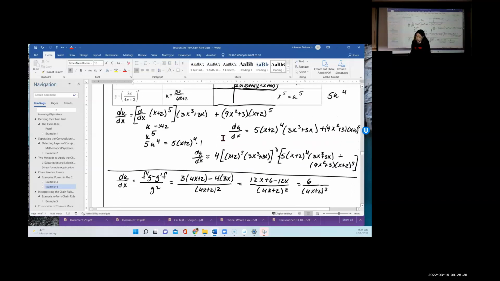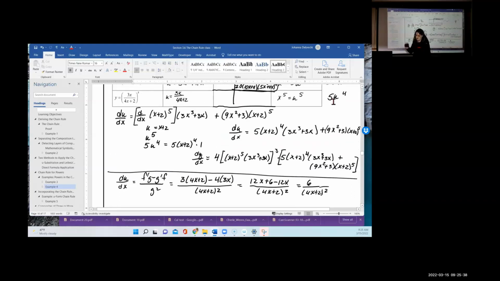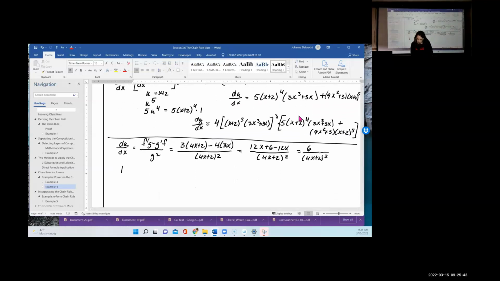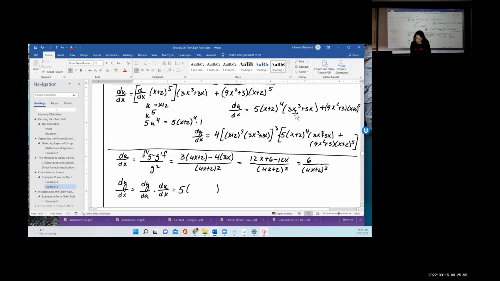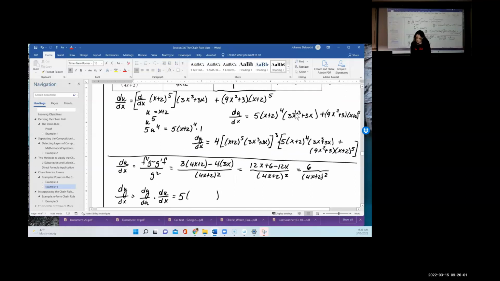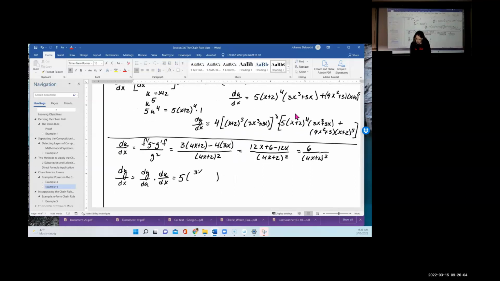Then we can substitute this with our outside derivative, which is 5u to the fourth. So the derivative of y with respect to x is equal to the derivative of y with respect to u times the derivative of u with respect to x, which we said was 5 times the inside function unchanged, which is 3x over 4x plus 2, all raised to the fourth power.